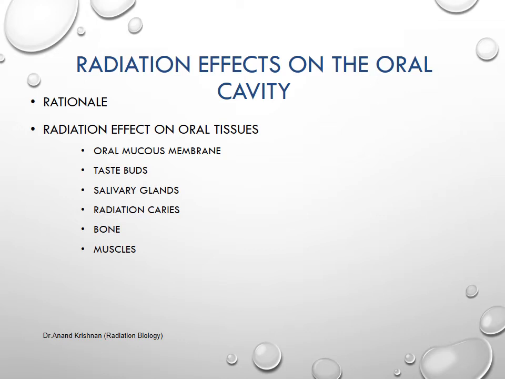And radiation has an effect of altering taste sensation in a person by destruction of taste buds, and it decreases salivary activity. Due to all these cumulative effects, plus its direct effect on the tooth surface, it can lead to radiation induced caries.